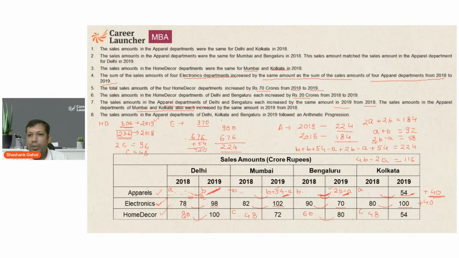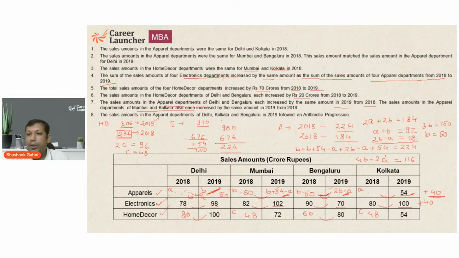If I add up both the numbers, I get 3B, and 3B is equal to 150. So B comes out to be 50. I got the value of B. So this is 50, this is also 50, and this is also 50.